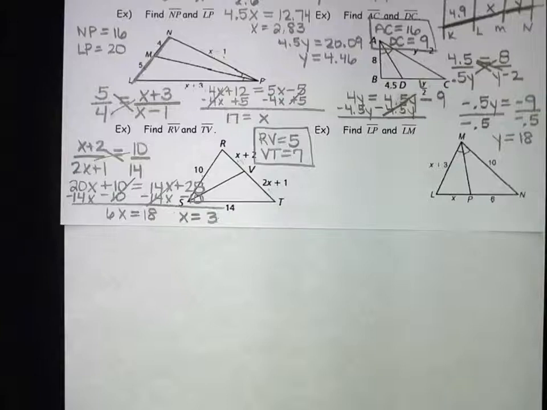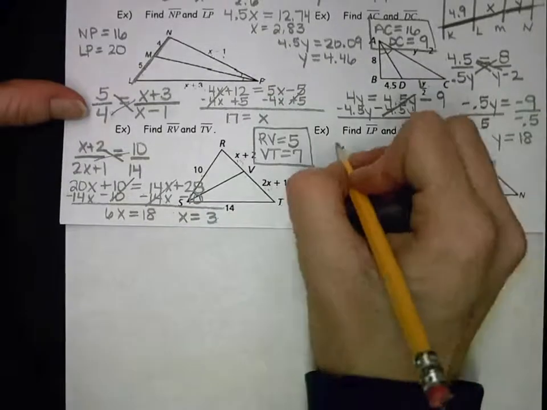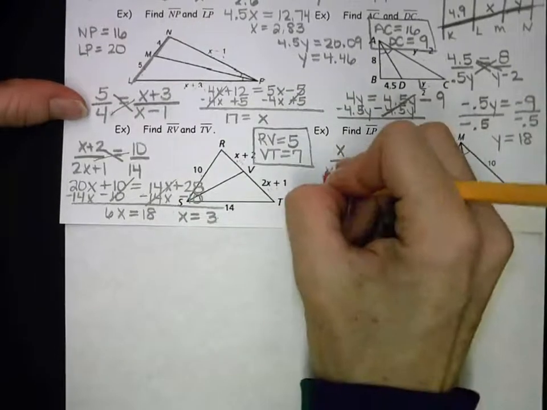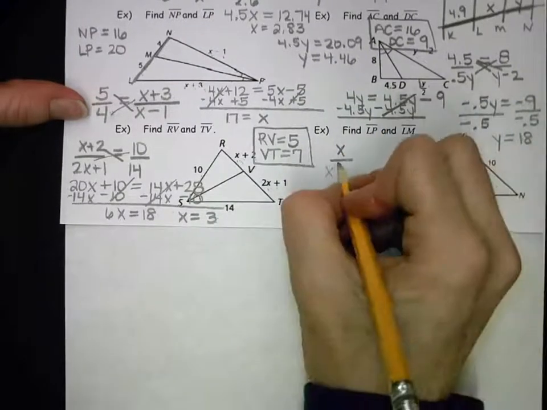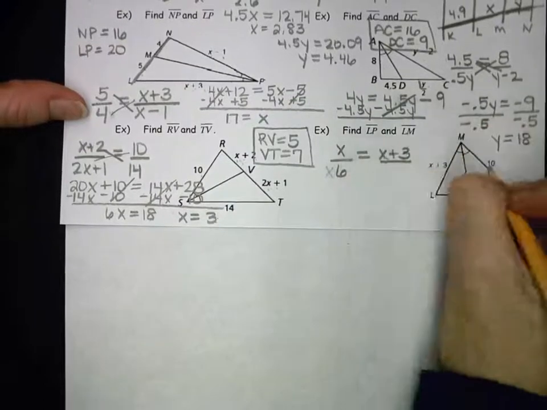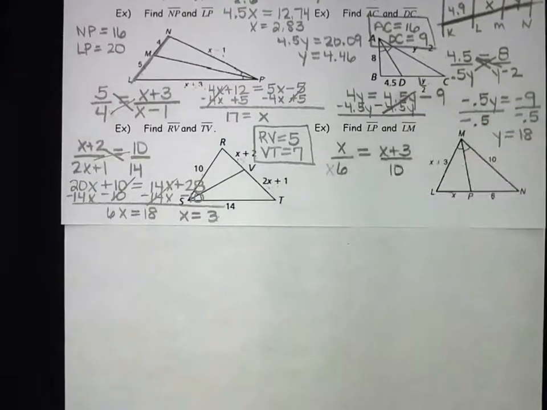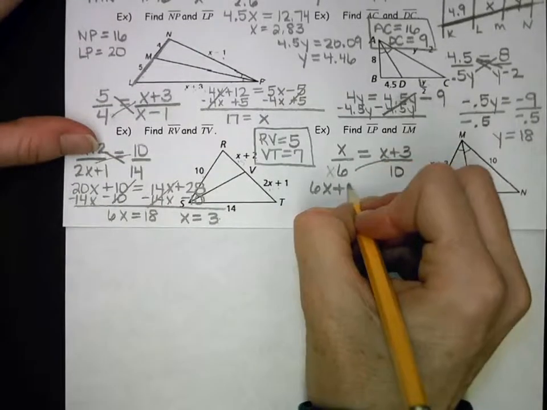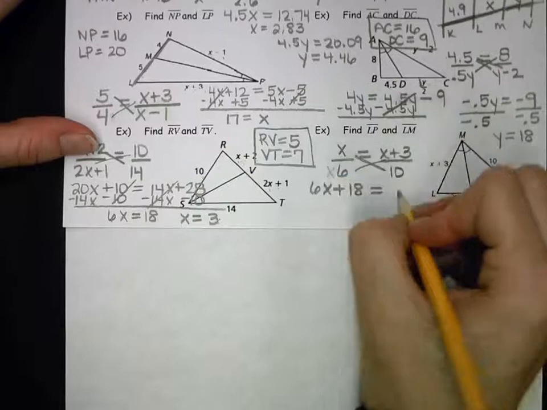Then we have our last example. In this situation, I have x, and x corresponds to 6. And that's going to equal x plus 3 over 10. When you cross multiply, you get 6x plus 18. That equals 10x.